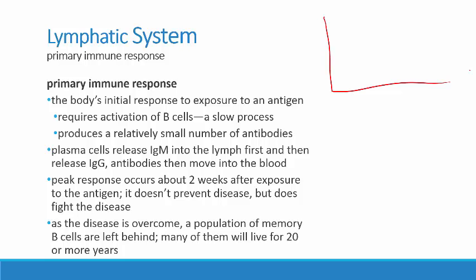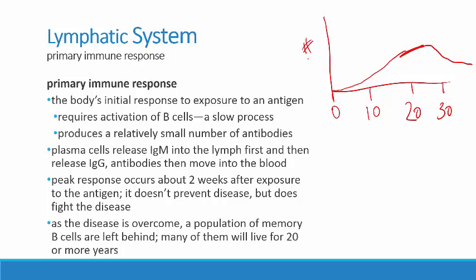If we're looking at the time course in days, so here's 0 days, here's 10 days, here's 20 days, and 30 days, it takes a long time to get to the maximum response. Somewhere between 20 and 30 days we hit the maximum, and then we see a tail off.